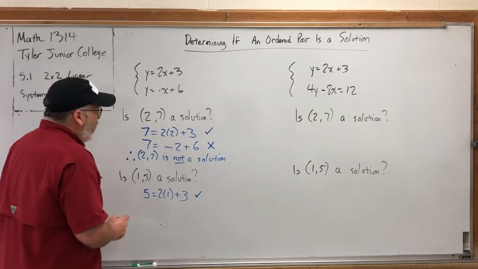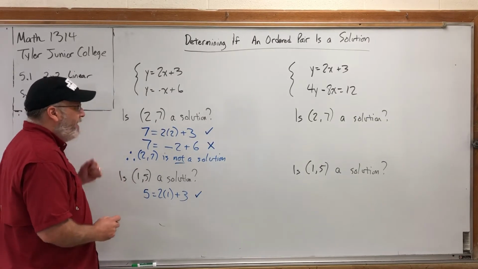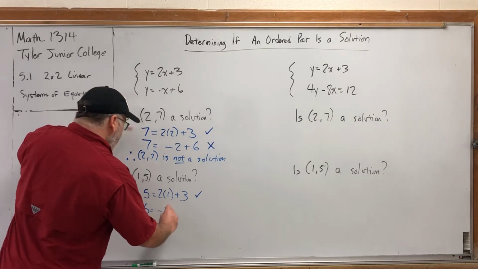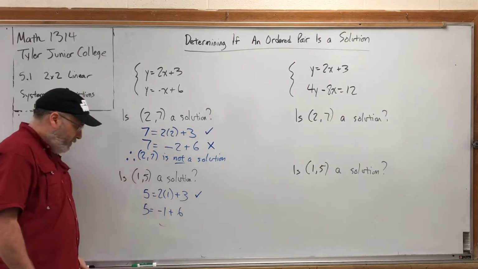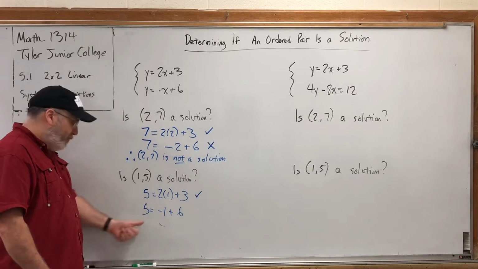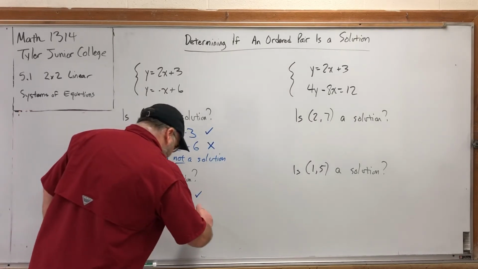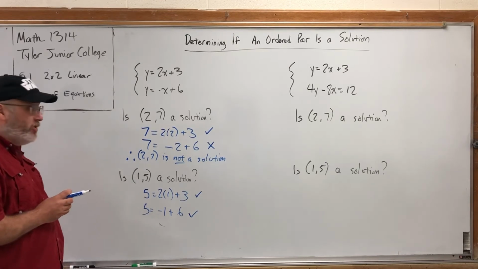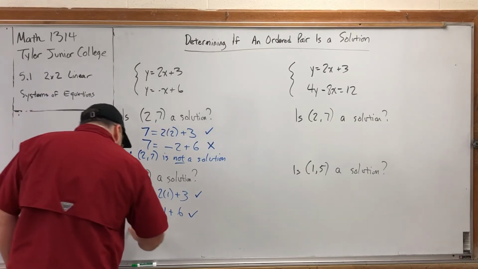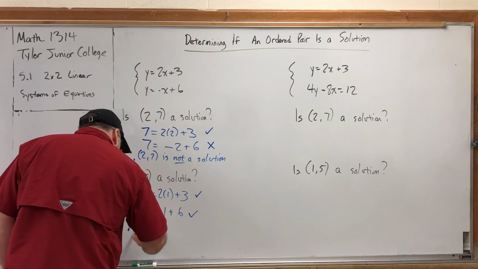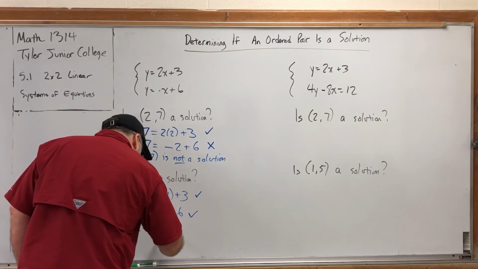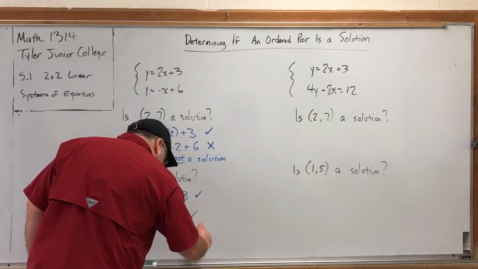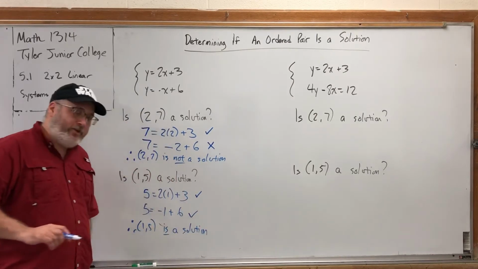If we substitute 1 for the x and 5 for the y in the second equation, we'll get 5 equals negative 1 plus 6, which is true. Negative 1 plus 6 is equal to 5. Since 1, 5 makes both equations true simultaneously, the conclusion that we can draw is that 1, 5 is a solution to the system because it's a solution to each individual equation.